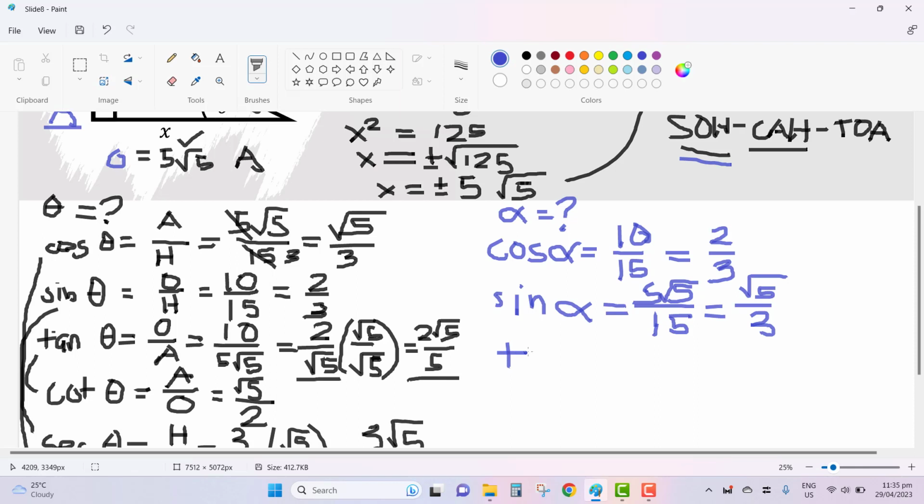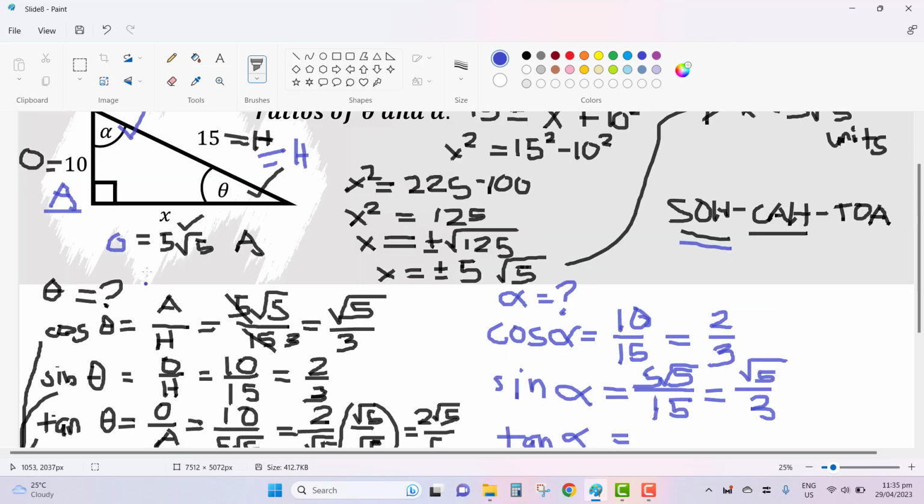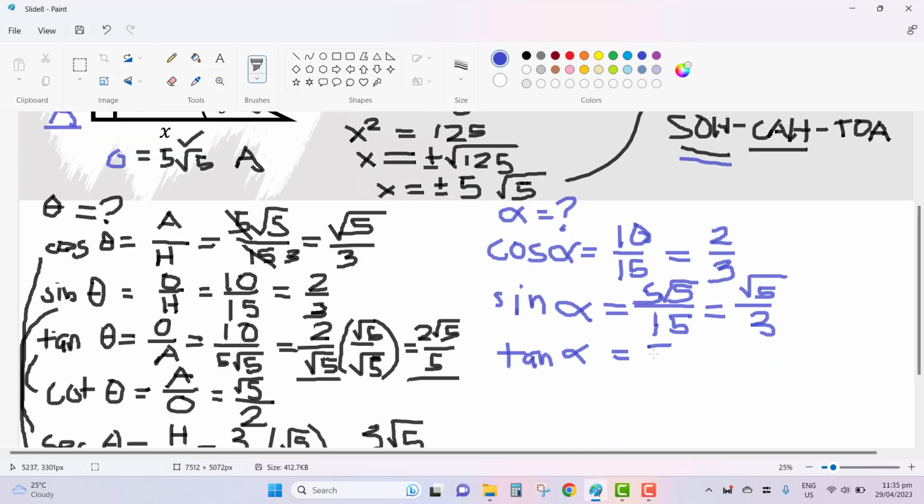So let's proceed now to your tangent alpha. Tangent alpha is TOA. Opposite now is 5 square root of 5 over adjacent, which is 10. So that's divisible by 5. So you have square root of 5 over 2.